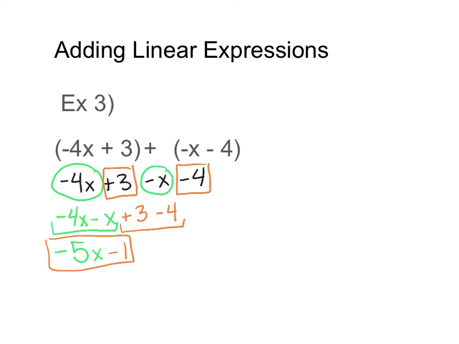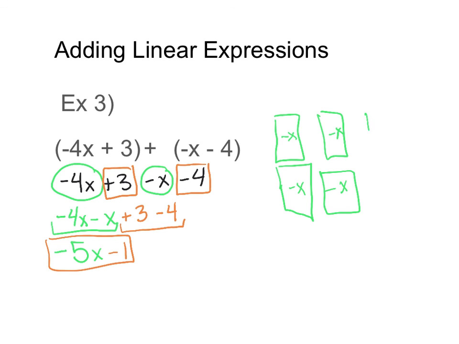I'm going to go ahead and show you, for example, if I had a negative x and I have negative 4 negative x's, and then it says that I have another negative x. So I'm just looking at this row right here. And then I have a positive 3. So 1, 2, 3.